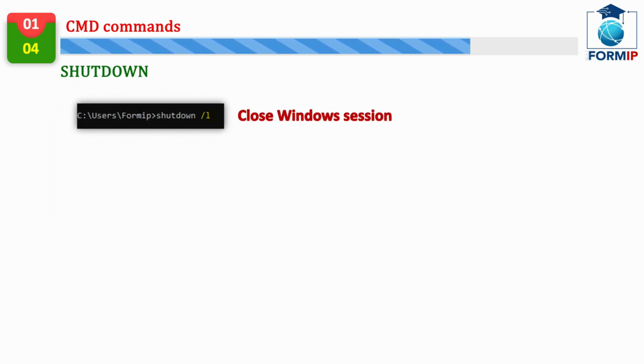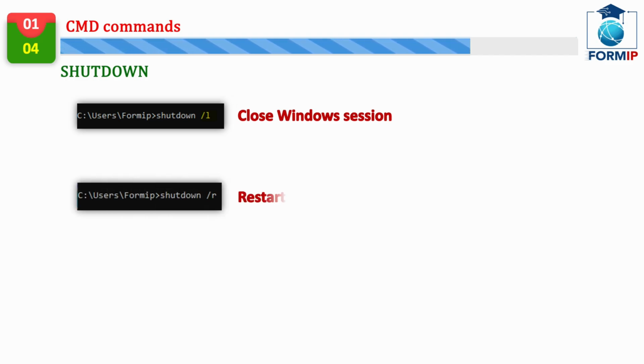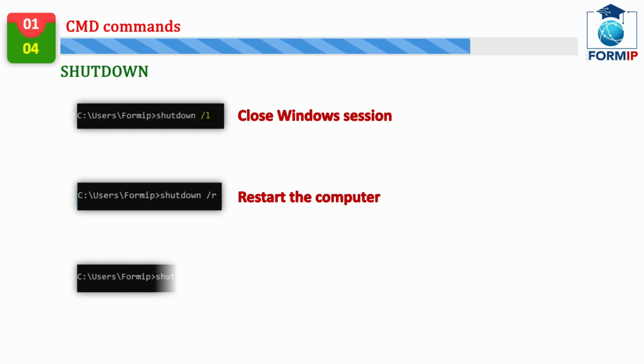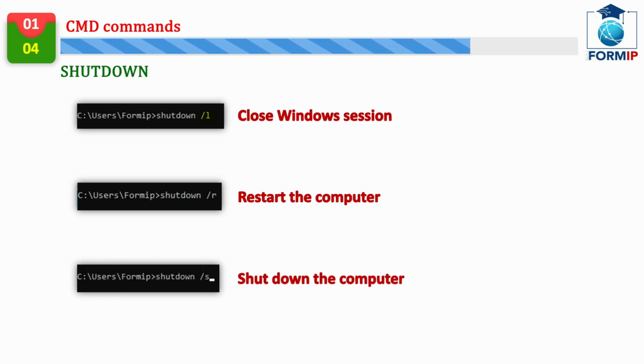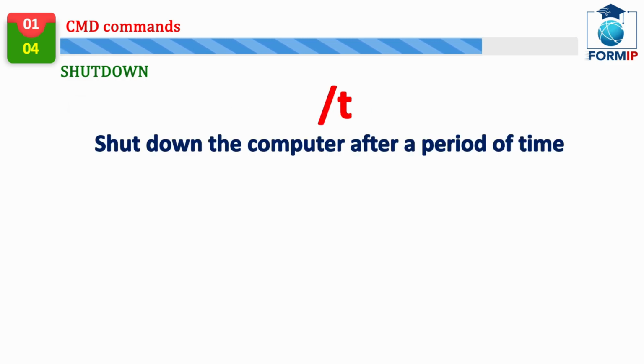The /l option closes the Windows session. The /r allows you to restart the PC. /s will shut down the computer after 60 seconds because it's the default setting. The /t option, followed by a number of seconds, allows you to shut down the computer after a certain amount of time, which you will have defined.